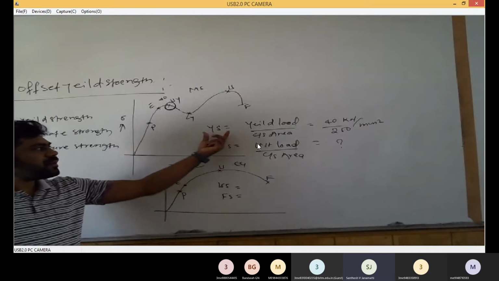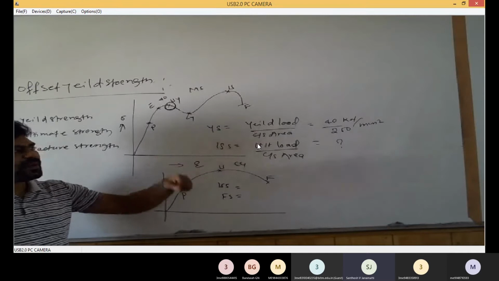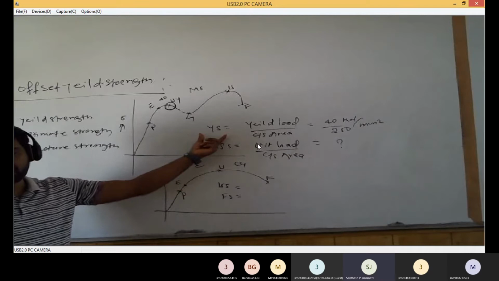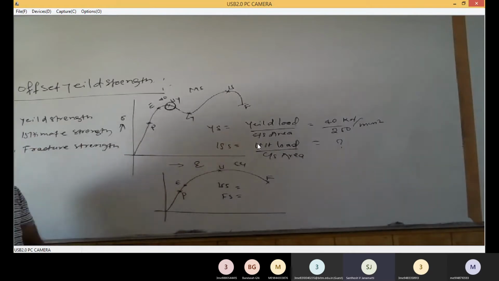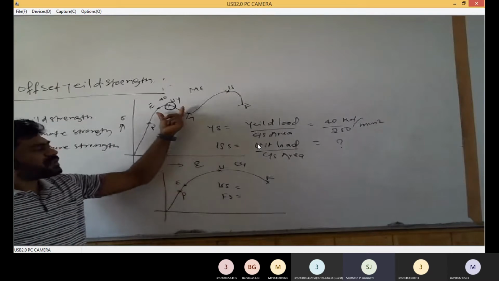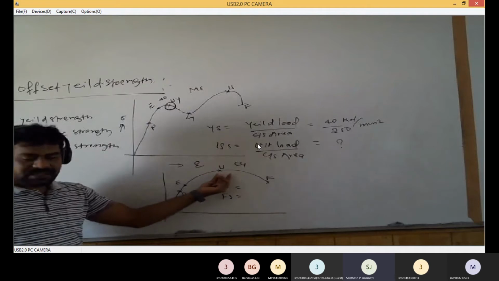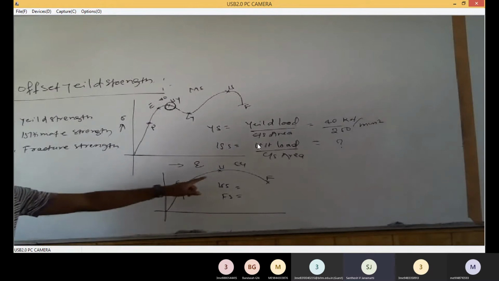Once we get the yield from that material, that means plastic deformation begins to start, so it is very, very important to know the yield point. But here, for MS material, no problem, because we get a definite yield. In this case, there is no yield. Then how will you calculate the yield strength in this graph?